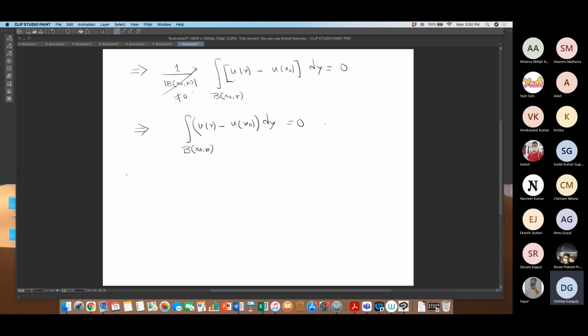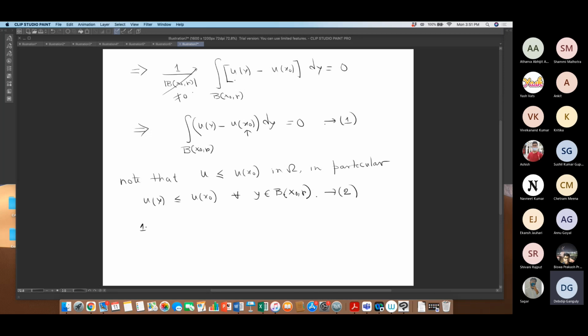Now note, what is u of x naught? It is the maximum of u over omega. That means u is always less than or equal to u of x naught in omega. In particular, u(y) is less than or equal to u of x naught for all y in B(x naught, R). Let's say this is equation 1, and the integral identity is equation 2.